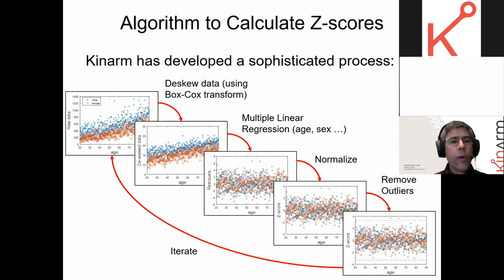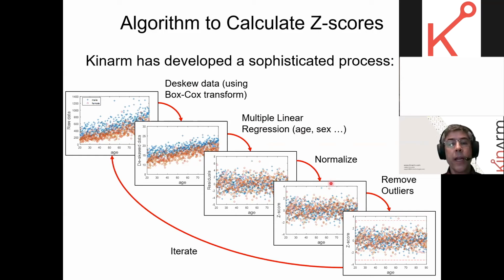I don't want you to worry too much about the details here in terms of how we calculate Z-scores. I just show this because occasionally people want to know, and also to reiterate that it is actually a fairly sophisticated process. Again, we deskew the data. We then account for sex, age, and handedness effects.